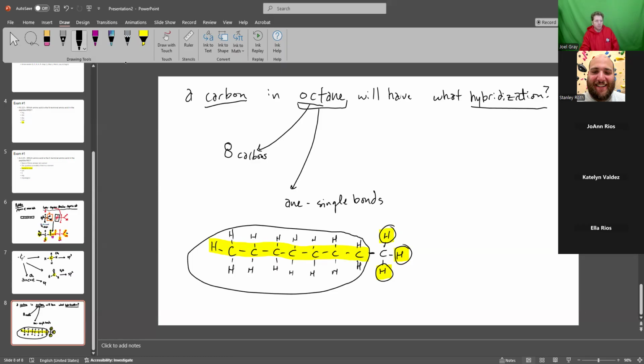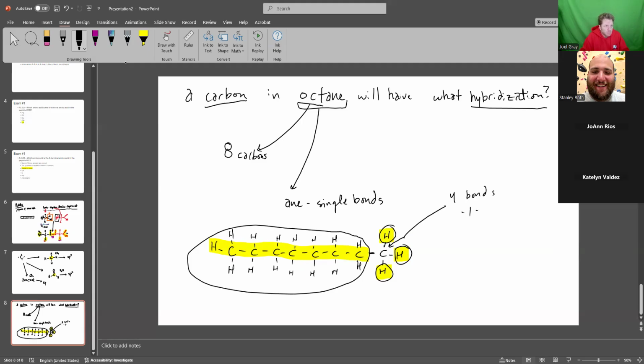So this carbon, go through and ask yourself a couple of questions. How many bonds does that carbon have? Four bonds. Would everyone agree with me on that? Throw a yeah or a thumbs up or something in the chat. Okay. You got four bonds. I'm going to go ahead and itemize them out.